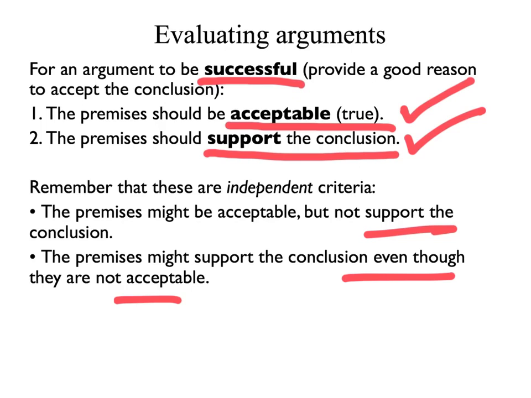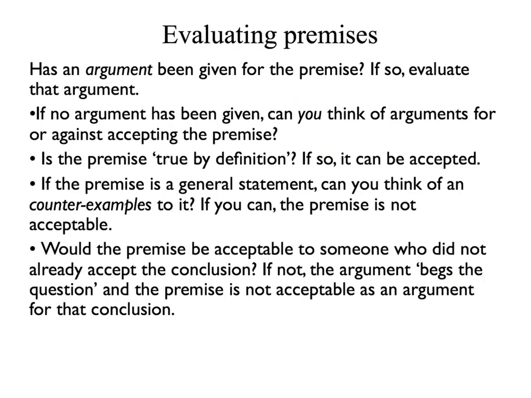So I'll talk about each of these two conditions in a bit more detail, the condition of acceptability and the condition of support. So here briefly are some questions you can ask when you're evaluating the acceptability of a premise. First of all, look to see if the author has given an argument for the premise.